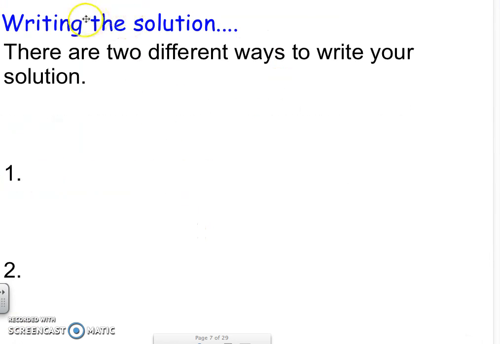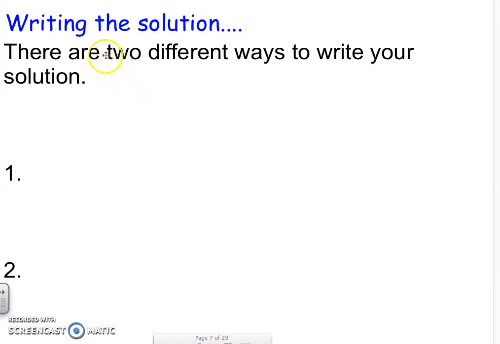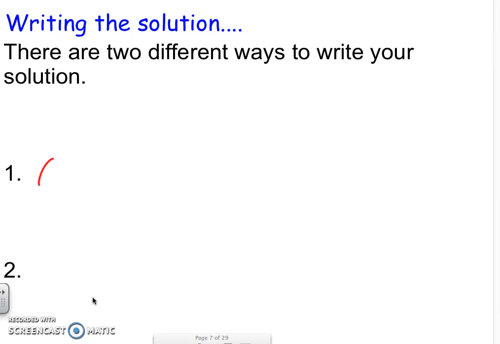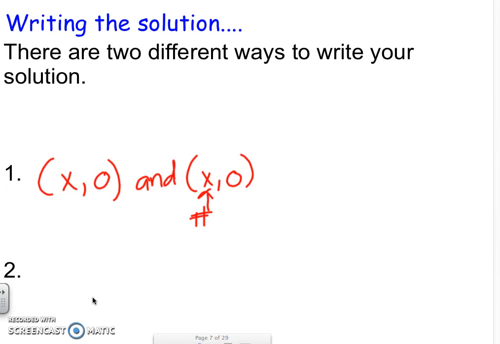Let's go. Okay, so how you write the solution, there's two different ways you can write them. You can write them like x-intercepts, where you have (x, 0) and (x, 0), where these are just numbers. So you can write them as ordered pairs, or you could write them like x equals a number, and then x equals a number.